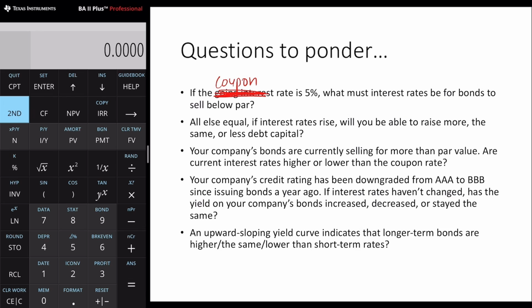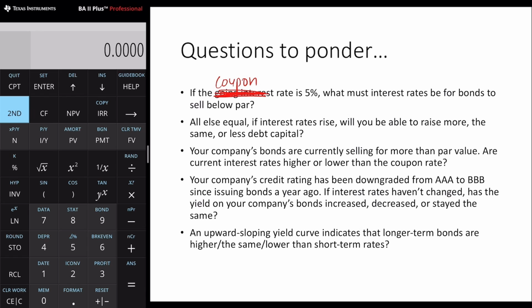Some are safer than others, and for particularly risky companies, investors are going to require a significant rate of return. So if your credit rating has been downgraded, that's not good when you go to the bond market to raise debt capital, because investors are going to set a high required interest rate, or high yield, and that means you're going to have to sell the bonds at a significant discount.